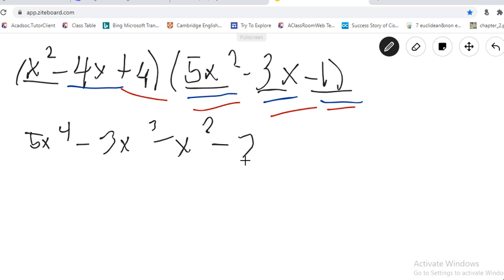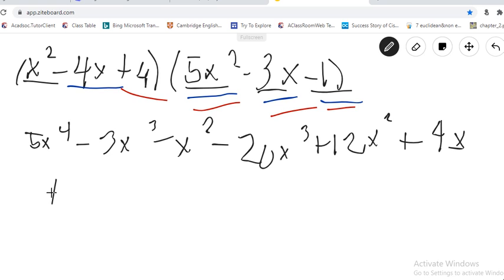Next, negative 20x cubed, positive 12x squared, and then positive 4x. Now the third one: positive 20x squared, and then negative 12x minus 4. Again, please be mindful of the positive and negative signs.